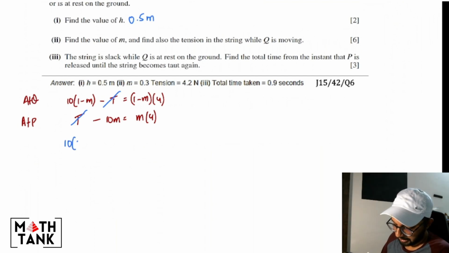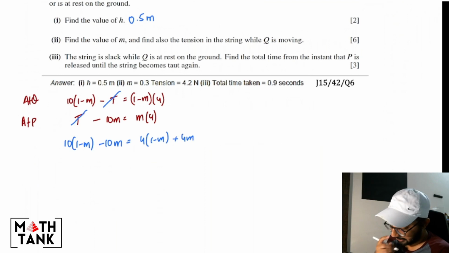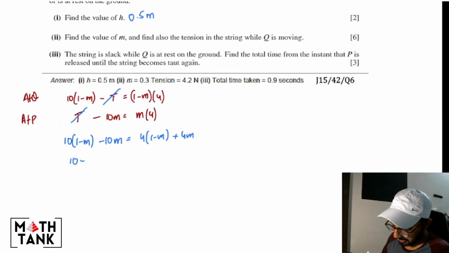So this becomes 10 into (1 minus m) minus 10m on the left hand side, and 4 into (1 minus m) plus 4m on the right hand side. So I get 10 minus 10m minus 10m, equals 4 minus 4m plus 4m.